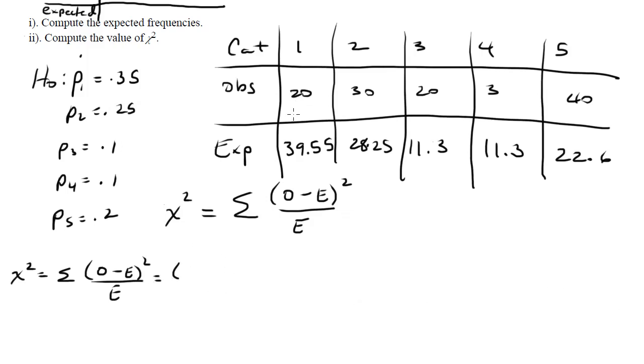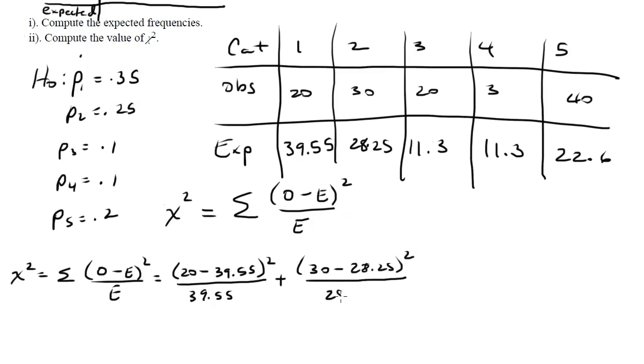So the observed value is 20 minus the expected value of 39.55 squared divided by 39.55. And it's the sum, so I add it to the next one: 30 minus the expected squared over the expected, plus the third one, 20 minus 11.3 squared divided by 11.3.